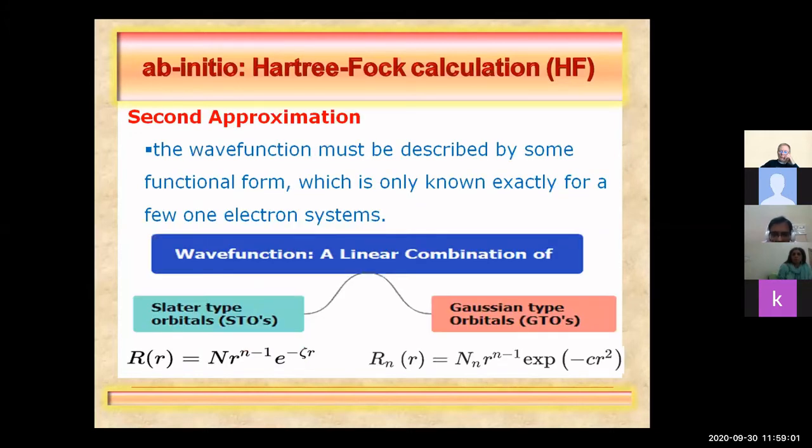The second approximation in Hartree-Fock calculations is that the wave function must be described by some functional form, which is only known exactly for a few one-electron systems like the hydrogen atom, hydrogenic orbitals. The functions used most often are linear combinations of Slater type orbitals or Gaussian type orbitals.